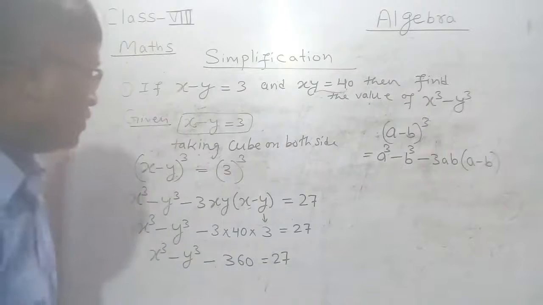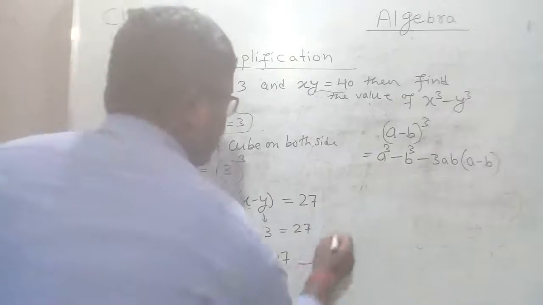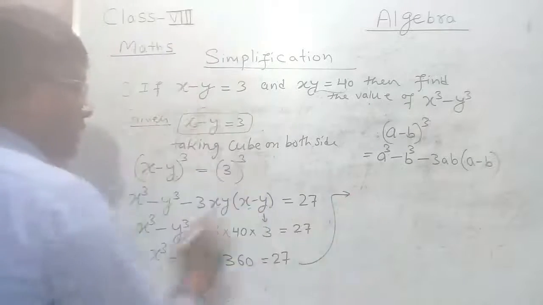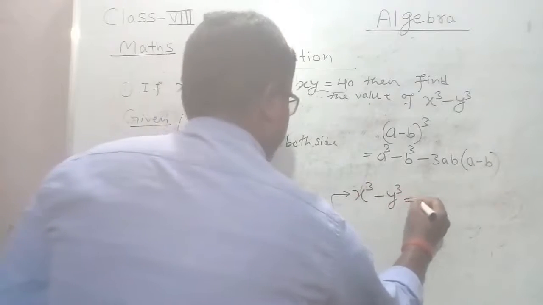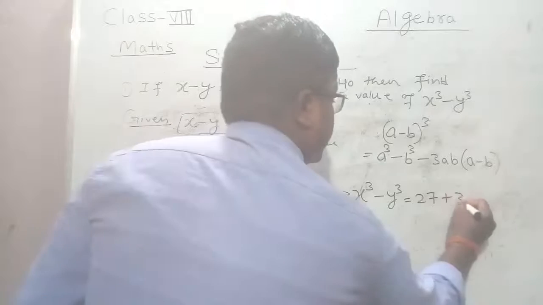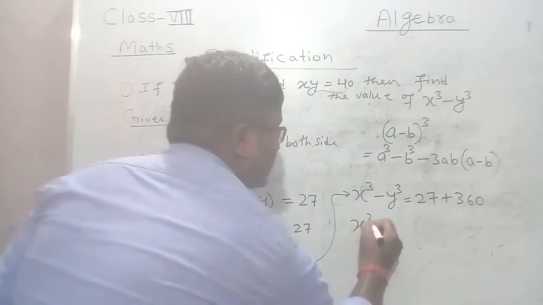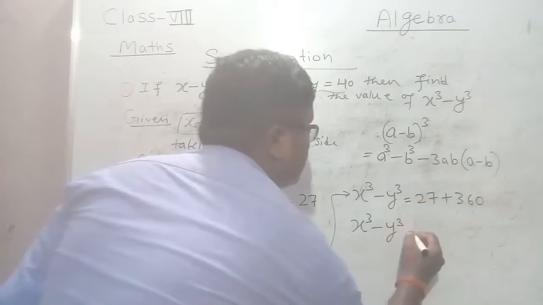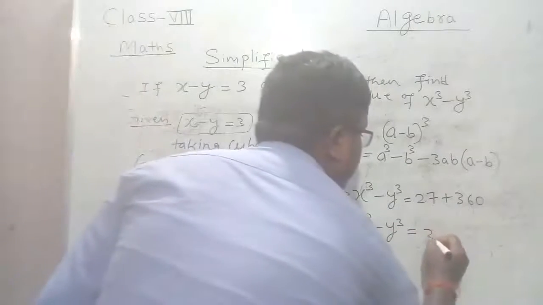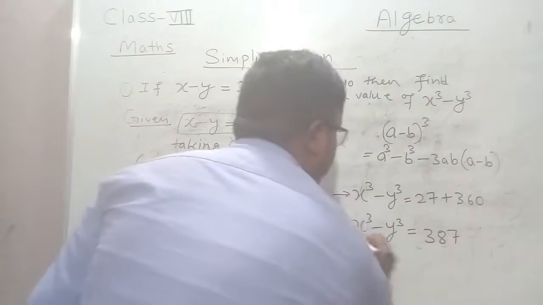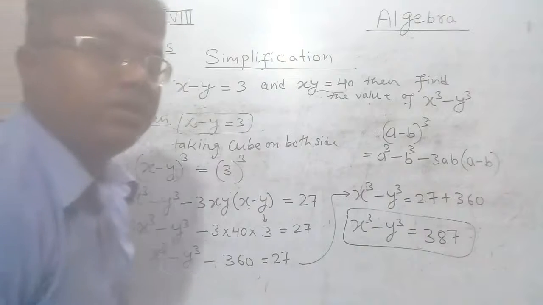Now this 360 will transfer to the right hand side and we'll get the answer. x cube minus y cube is equal to 27 plus 360, which is 387. So this is the value of x cube minus y cube.